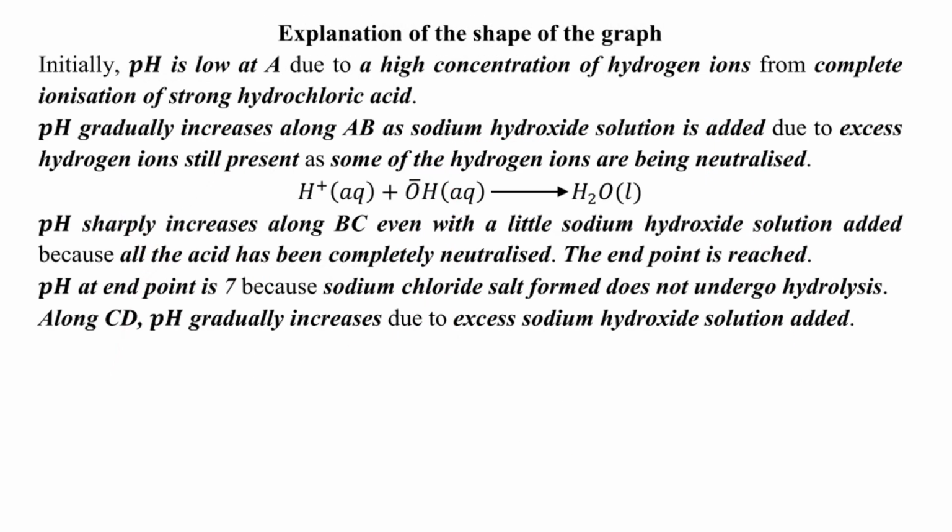For that, you're going to start with the explanation of the shape of the graph. Just like I said, we start with initially. So initially, pH is low. And why is it low at A? This is due to a high concentration of hydrogen ions from complete ionization of the strong hydrochloric acid. Remember that we are dealing with a strong hydrochloric acid to which we are adding a base. And since strong acids fully ionize in solution, they give off a high concentration of hydrogen ions in solution.